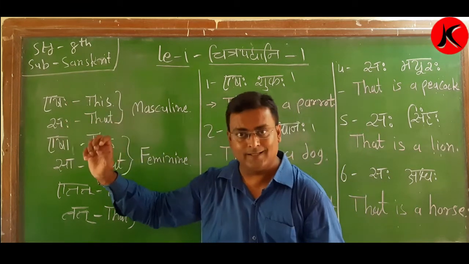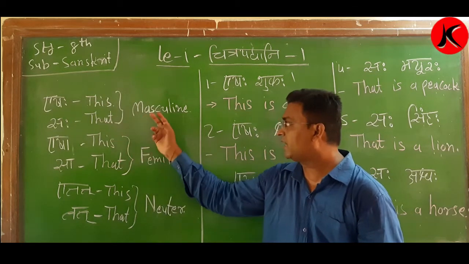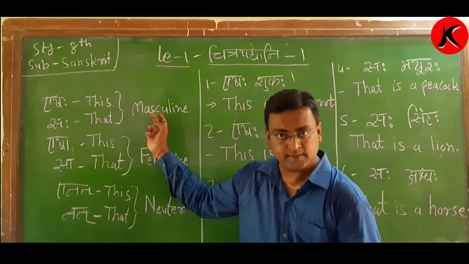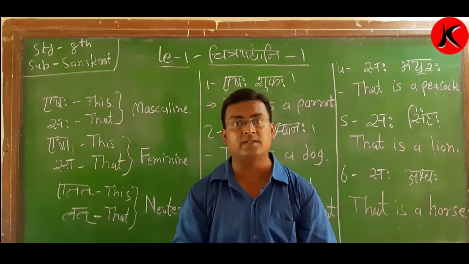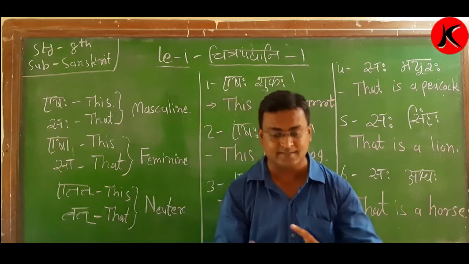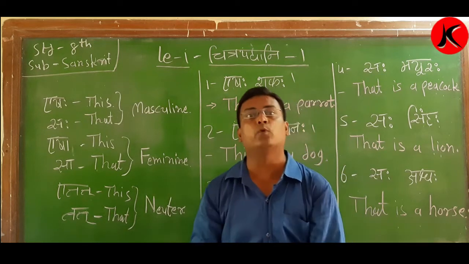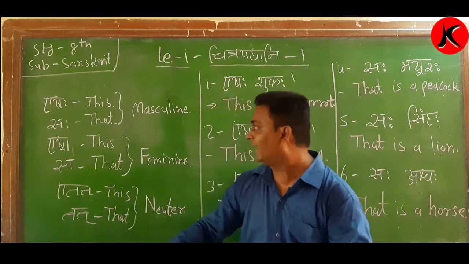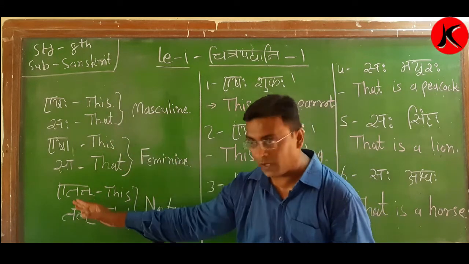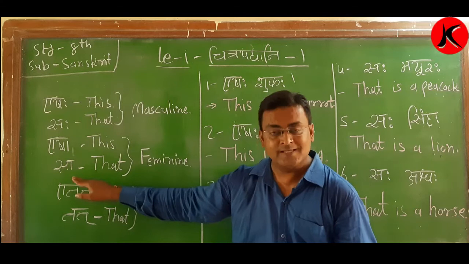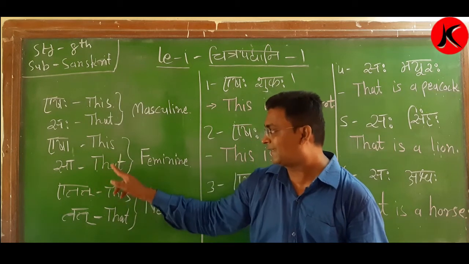Esha and Sah, this one is used in masculine forms. That means pullinga. ગુજરાતીની અંદર આપણે જે ત્રણ લિંગ શીખતા હોઈએ છે સ્ત્રીલિંગ, પુલ્લિંગ and નપુંસકલિંગ. Out of that, the first one is masculine, pullinga forms. The second one is Esha, Sa, means this and that.